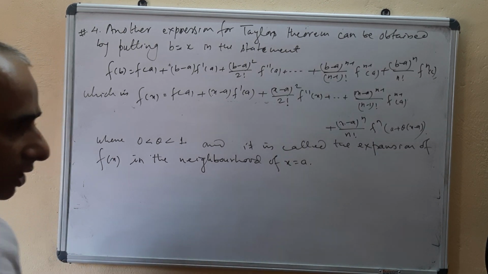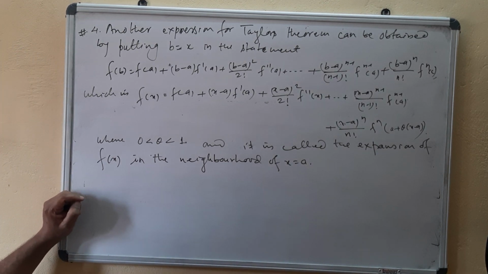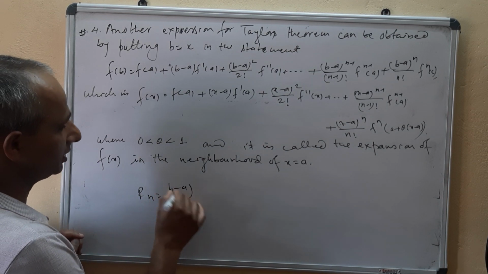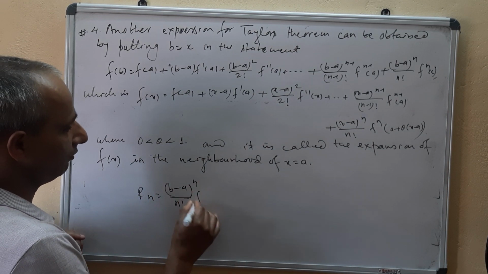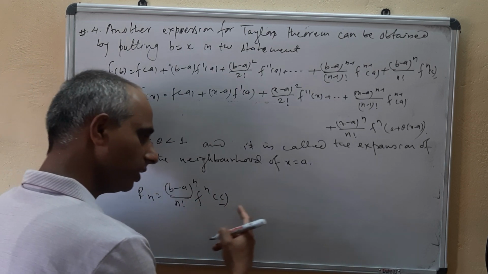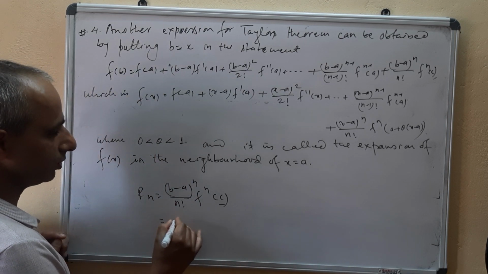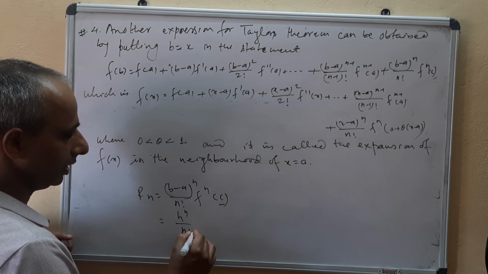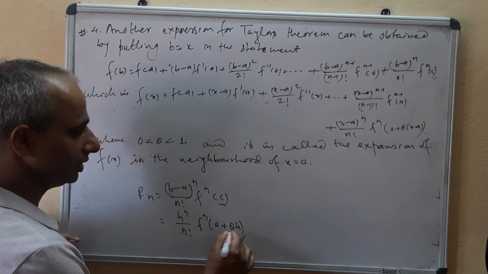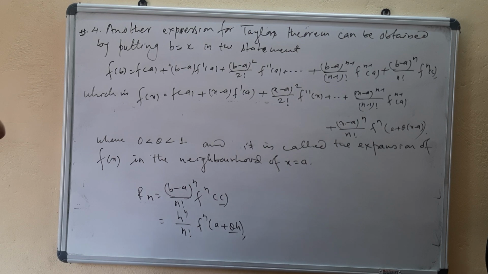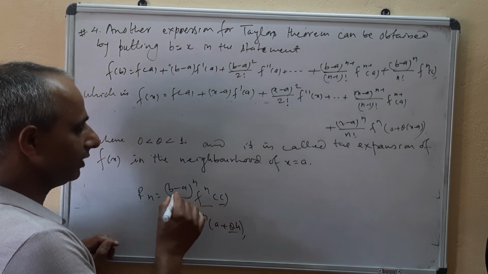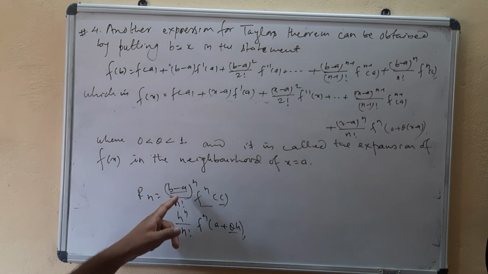So here we learned three forms of Lagrange's form of remainder. One was R n equal to b minus a whole power n upon n factorial f n of c, where c belongs to open interval a to b. And next one was h to the n upon n factorial f n of a plus theta h, where theta lies in the open interval 0 to 1. But be careful that here the function f x is defined in the closed interval ab.